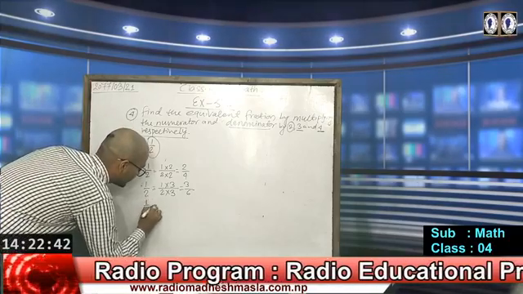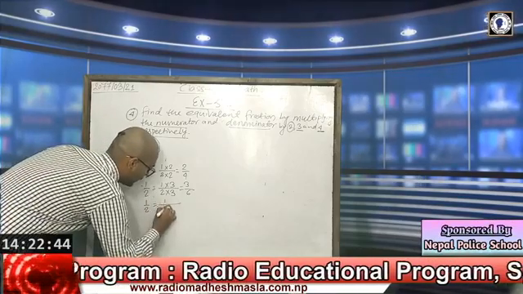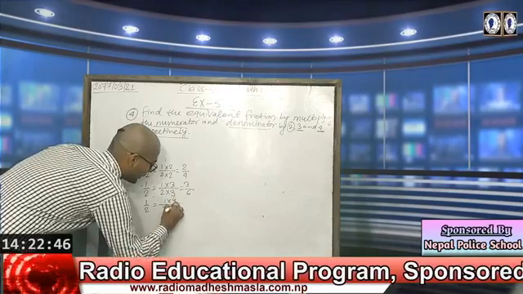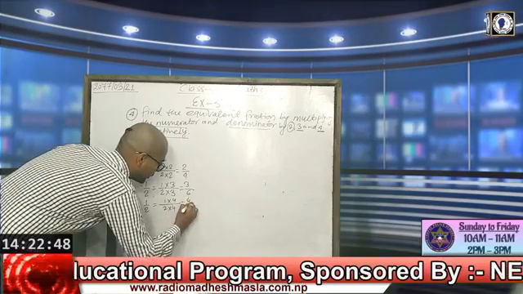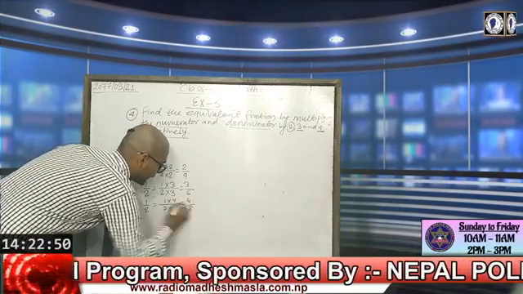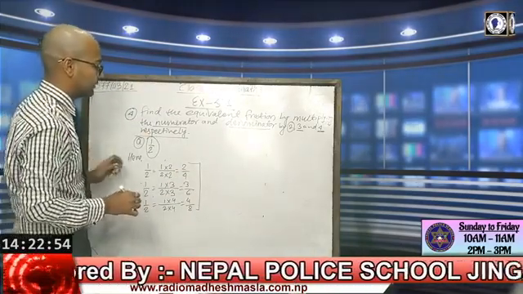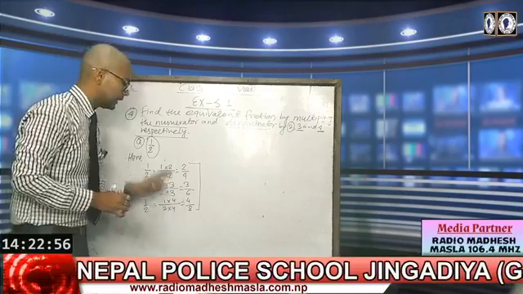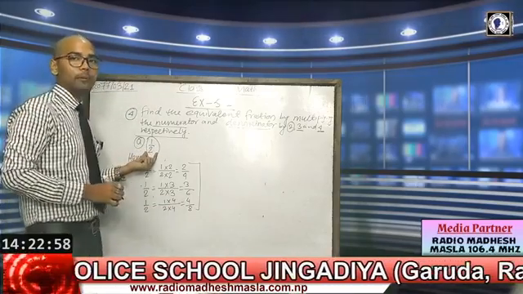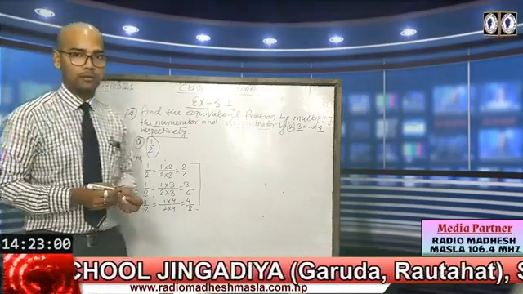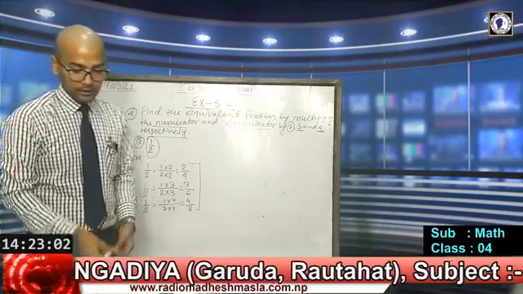So 1 by 2 is multiplied by 4, then we will get 1 times 4 is 4, 2 times 4 is 8. So these fractions that we get after the multiplication are the equivalent fractions of 1 by 2.